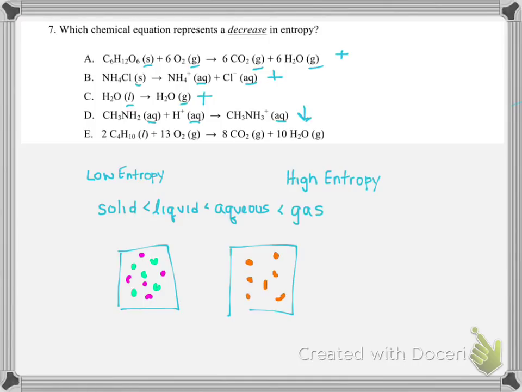Right? The one with only the orange molecules is more uniform. And so this box with 2 different molecules has a higher entropy.